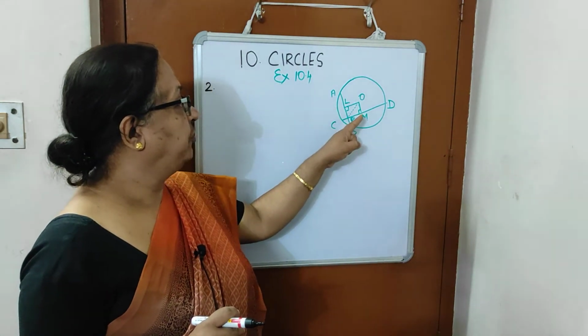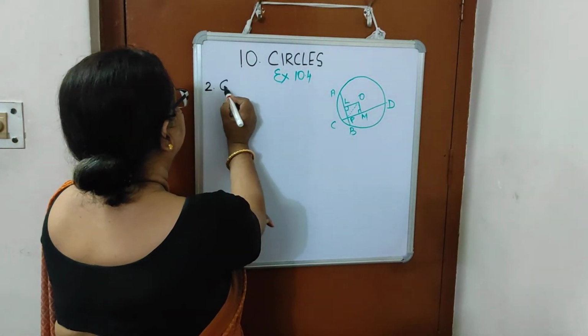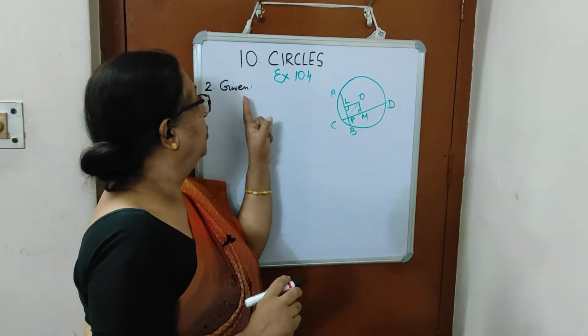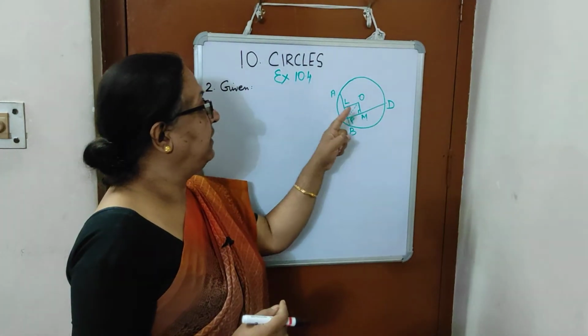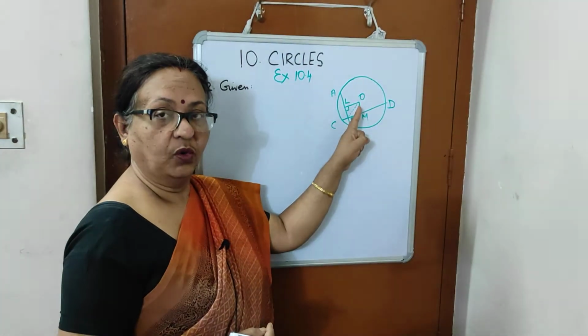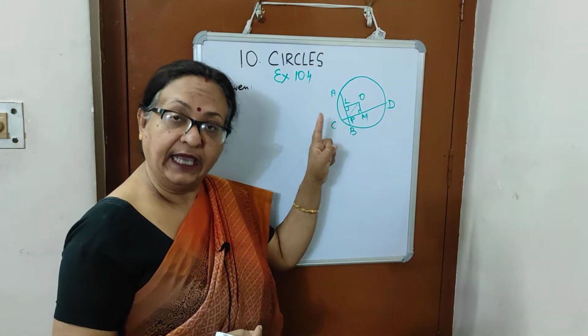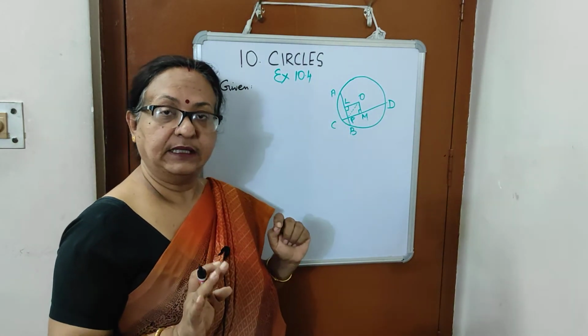Now whenever you have to prove, children, first you need to write given. So we start with given. I am just telling what is given here. So you can write in given: a circle with center O, AB and CD are two equal chords intersecting at point P. This much is given.